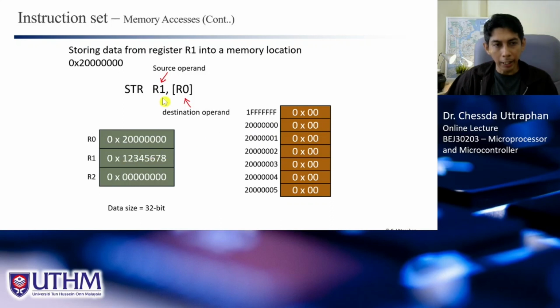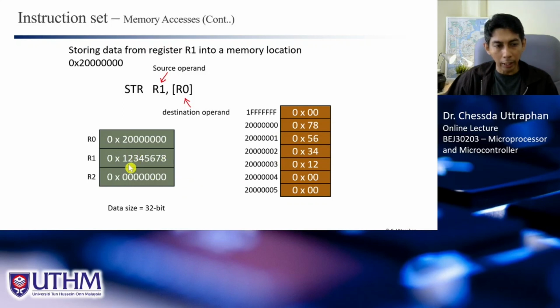So what happens when we store 32-bit data into a memory location which is 8-bit? It will move all the data into the memory, starting from address 20000000. It will need 4 memory locations in order to store this 32-bit data, because 32-bit data needs how many bytes?